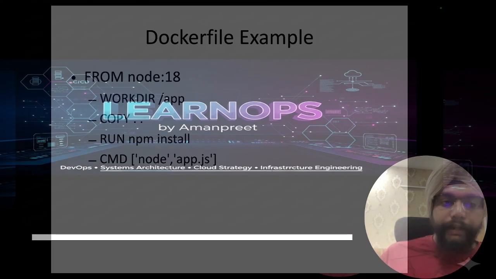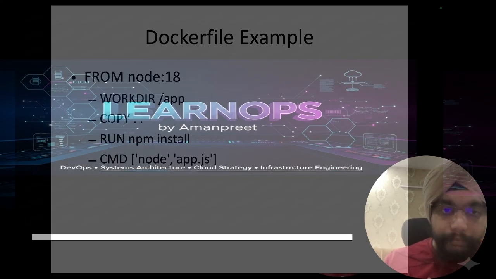So this is the Dockerfile. It starts with FROM image; the image here is node:18, which you can also find in the Docker registry. WORKDIR is the workspace where your code is fetched from the local workspace. COPY is the command to copy all your code from the local directory to your current working directory, /app.